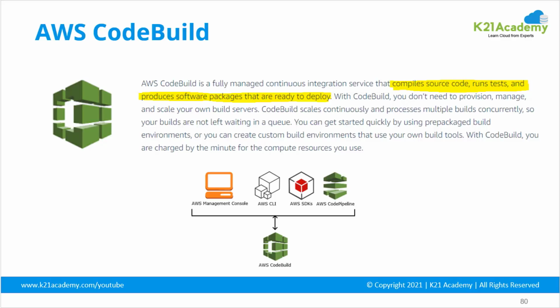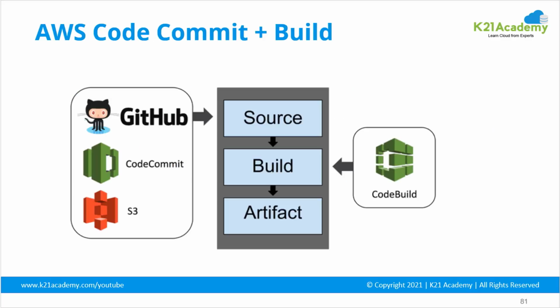CodeBuild can pick up your source code either from Git or CodeCommit, which is AWS proprietary, or an S3 bucket, and then using a build script within CodeBuild it will generate the code artifacts. So CodeCommit, which is the repository, and CodeBuild can combine together and generate a deployable artifact.